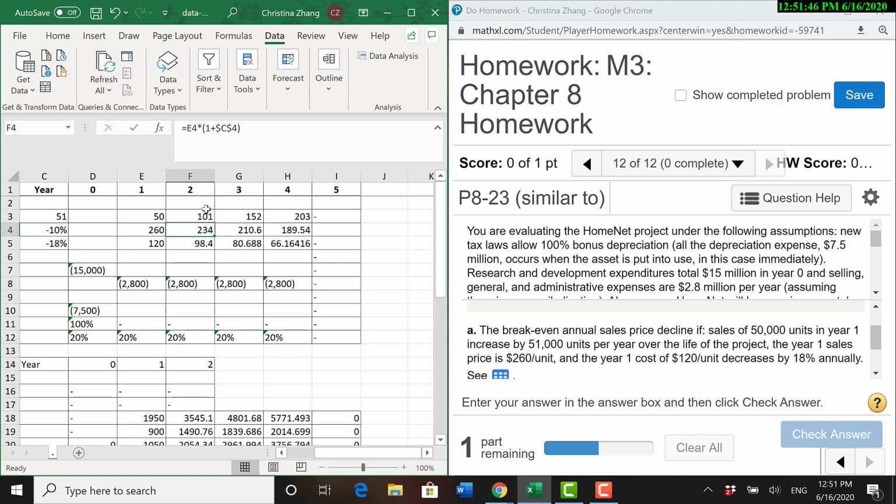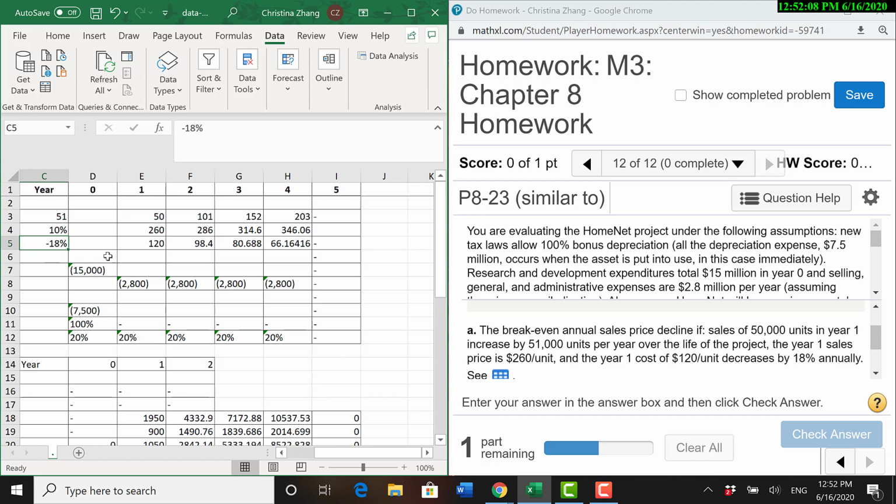For instance, my year 2 selling price is going to equal the year 1 selling price times 1 plus the change. I have a negative 10% change. That's the reason you see the selling price is declining. If I change it to positive, you're going to see it all increasing. So you can do whatever you want actually.